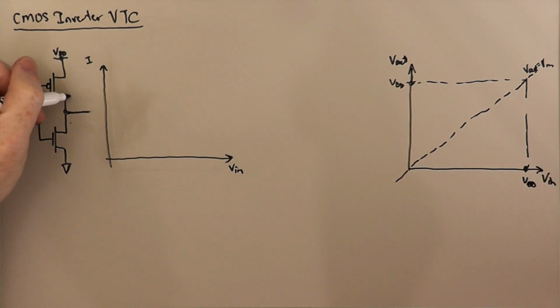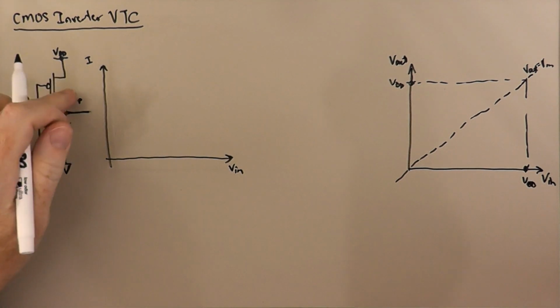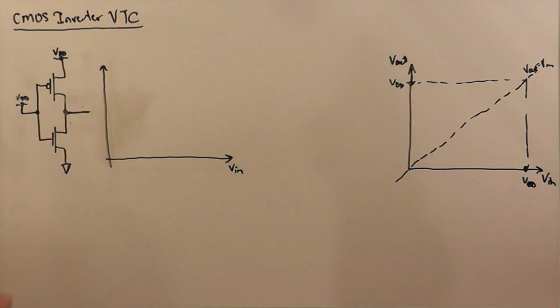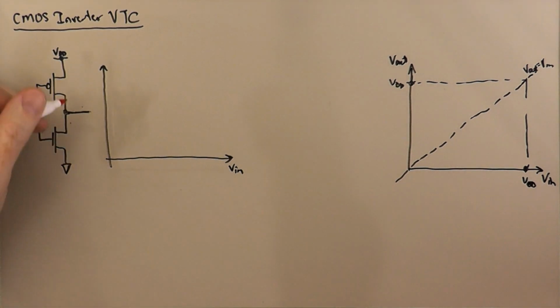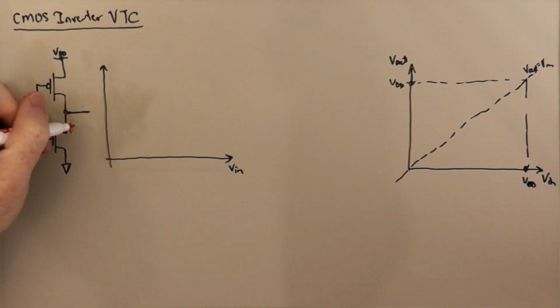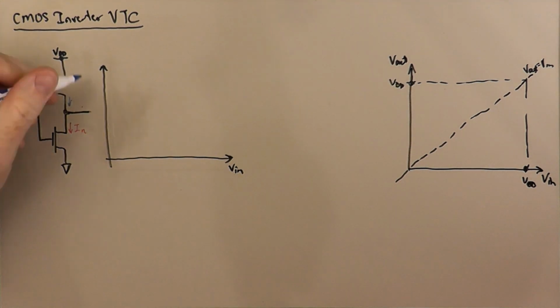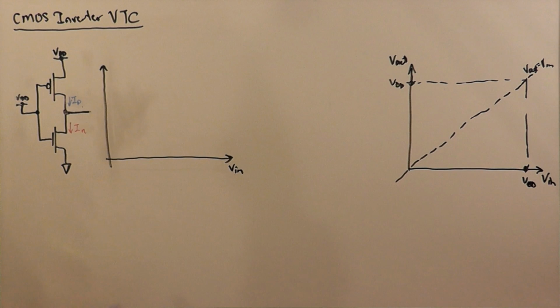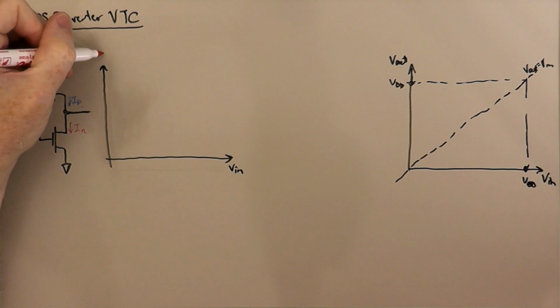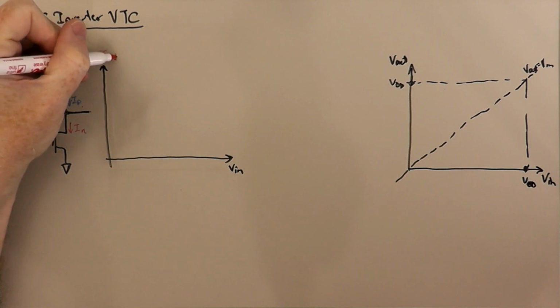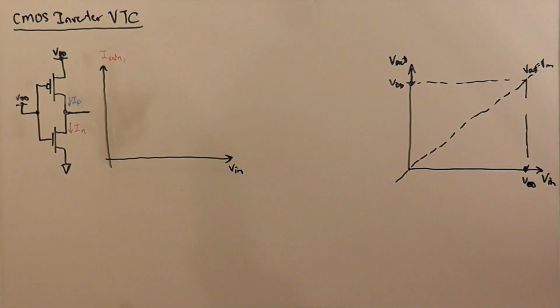Let's call this IP. Actually, let's use colors. Let's try using some colors here. So you get I sub N, and I sub P. And this is going to be, say, I sat N and I sat P.